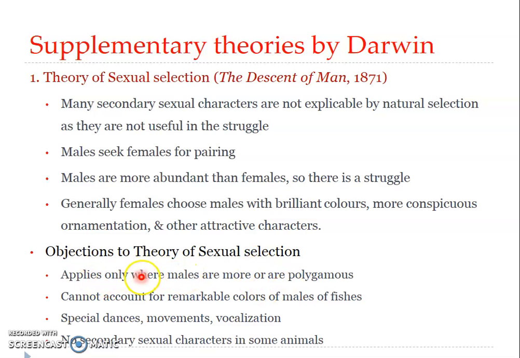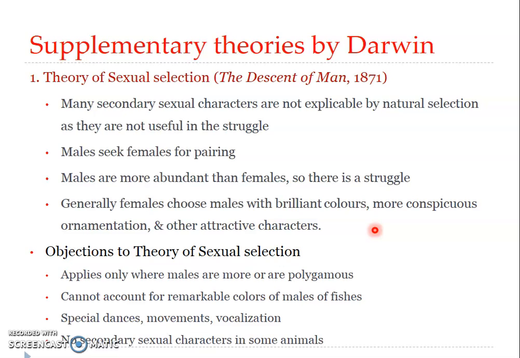It applies only where males are more in number or are polygamous. Polygamous in the sense that a male mates with more than one female. Okay, that is polygamy. But later studies showed that in most populations, sexes are almost equal in number. In most species, male and female are almost equal in number, and hence every male would eventually find a mate regardless of his powers in the struggle or in combat.